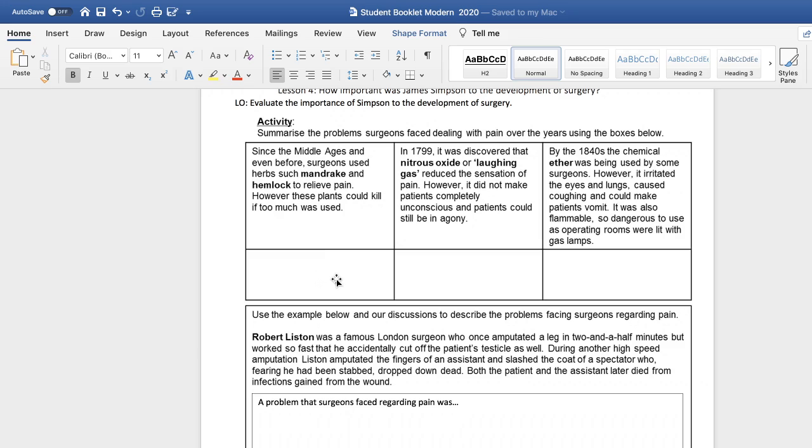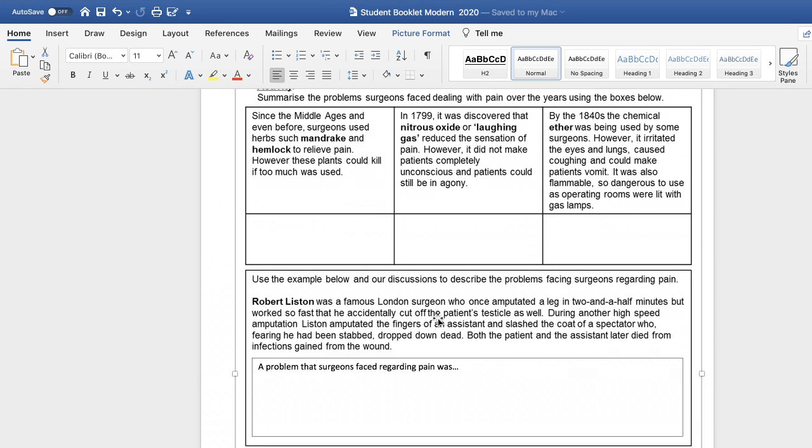What's the problem with that anaesthetic? In these boxes, identify the anaesthetic's name and tell me the problem. Do the same for the next one, and then the last one. You need to know the story so far and why they were not effective.